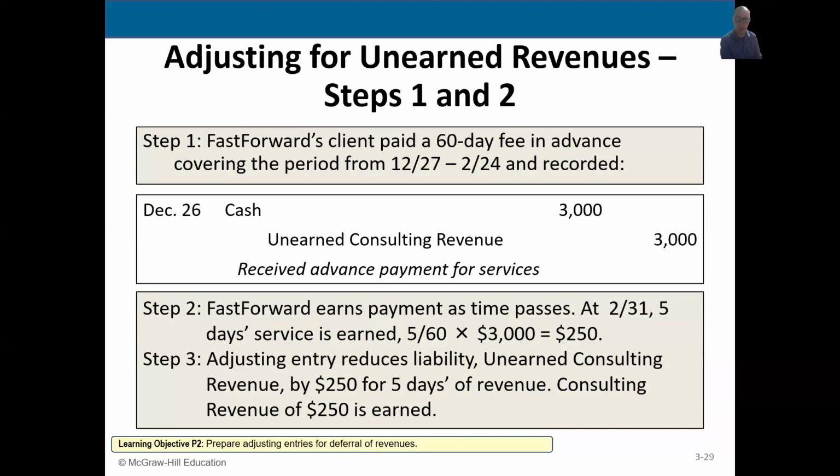We have a customer that paid us a 60-day fee in advance, covering what appears to be about 2 months worth of consulting services. So the day we receive the cash from the customer, we debit cash $3,000 and we credit unearned revenue.